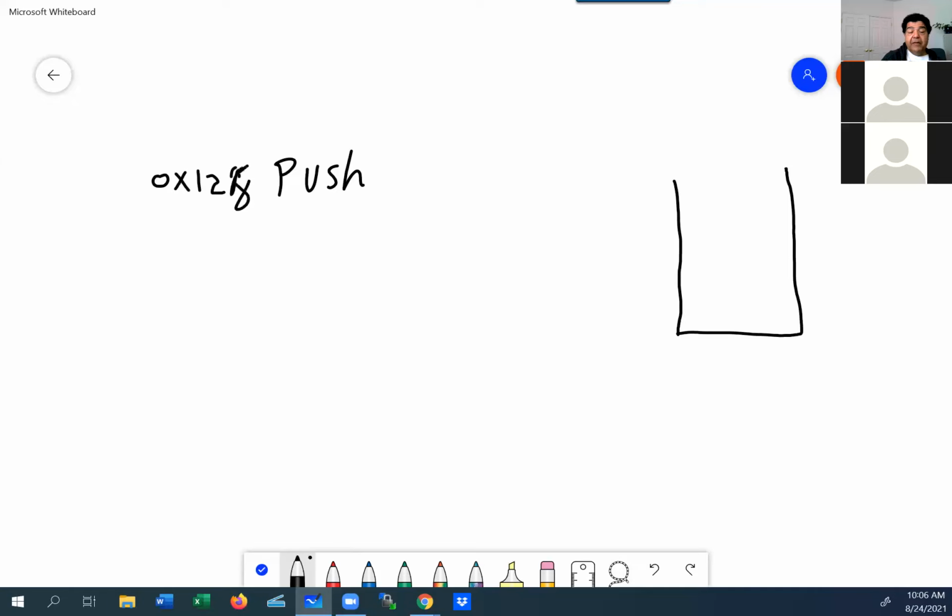Or let me make it 8, because that's a more complicated one. So the 8, and let's say the stack starts empty, and every time you do a push or a call, something gets pushed on the stack. So if I do a push, what gets pushed on the stack is actually location 0x12A, not 128, which is the next instruction, okay?